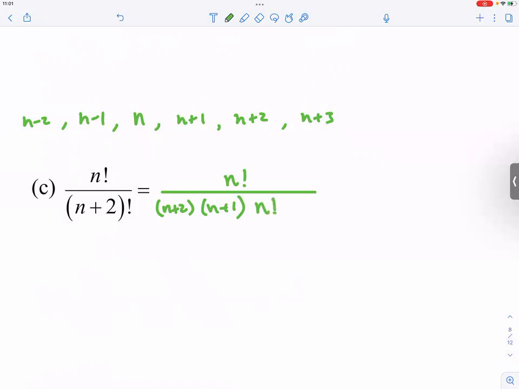Because if you keep going, it'd be n times n minus 1 times n minus 2 times n minus 3, and it would keep going and look exactly the same for the numerator and the rest of the denominator. So you get 1 over n plus 2 times n plus 1, and you can just leave it like this as your answer. So this is a simplified version of it.